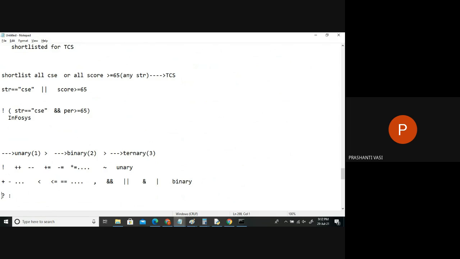We have a criteria, some condition. If the condition is true, the first value is taken as the output or returned as a value. Otherwise, the second value is taken. So in total, how many operands does this operator have? Three operands. So this is the ternary operator. It is always performed after the other kinds of operators when we combine them, and it has the last precedence out of all three categories.